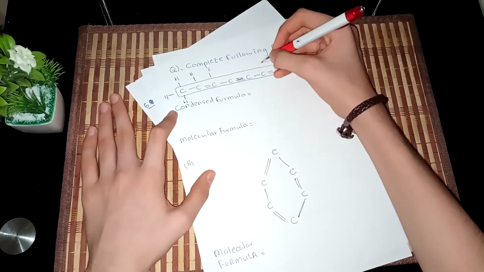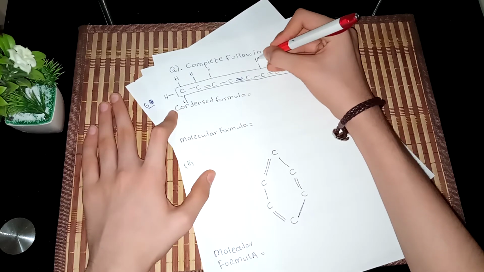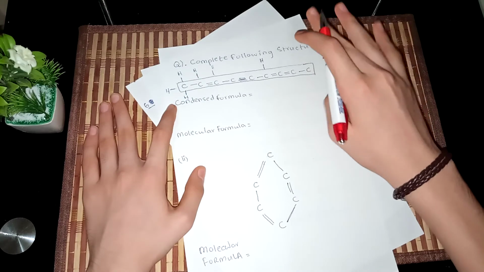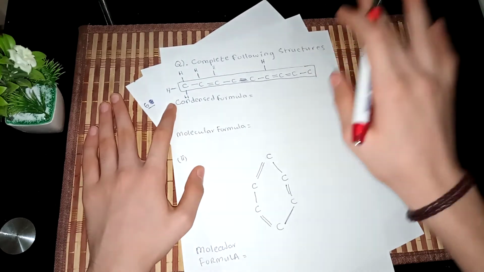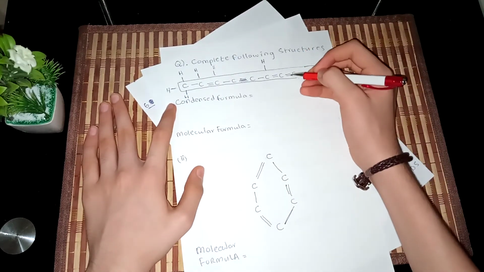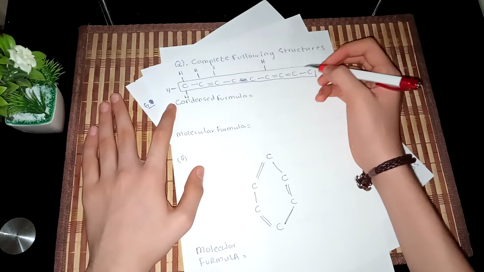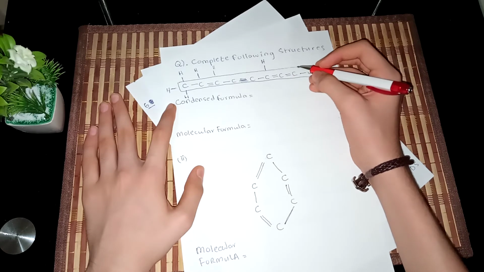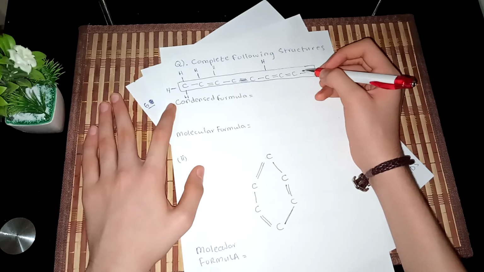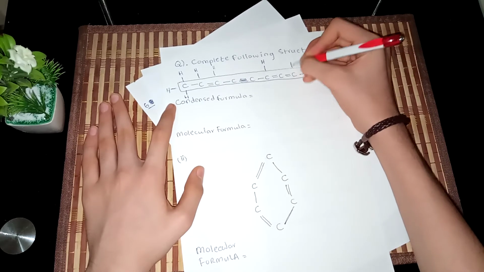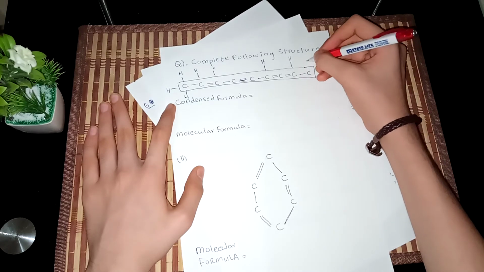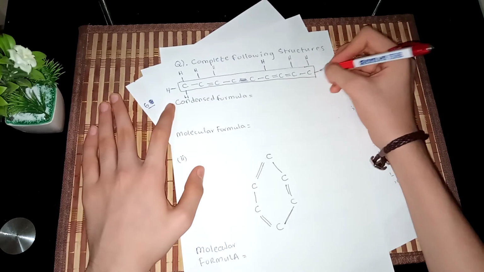Here 3 bonds are made, let's put a hydrogen above it. Carbon has no more than 4 valencies and no less than 4 valencies. It only has 4 valencies. 2 bonds made here, 2 bonds made here, 4 bonds are made, 3 bonds made here. And now this carbon has made 3 bonds, so we'll put 1 hydrogen above it. It has made only 1 bond, we'll put 3 hydrogens here to make it 4.